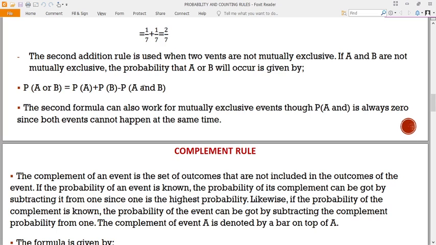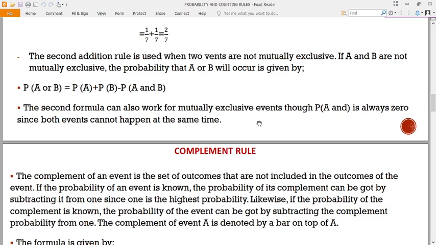If I'm only interested in the probability of an agriculture student or a student of Makerere, I will have to subtract the probability when a student is both from UCU and doing agriculture. So there we subtract the intersection, or that particular scenario when both of them happen at the same time.